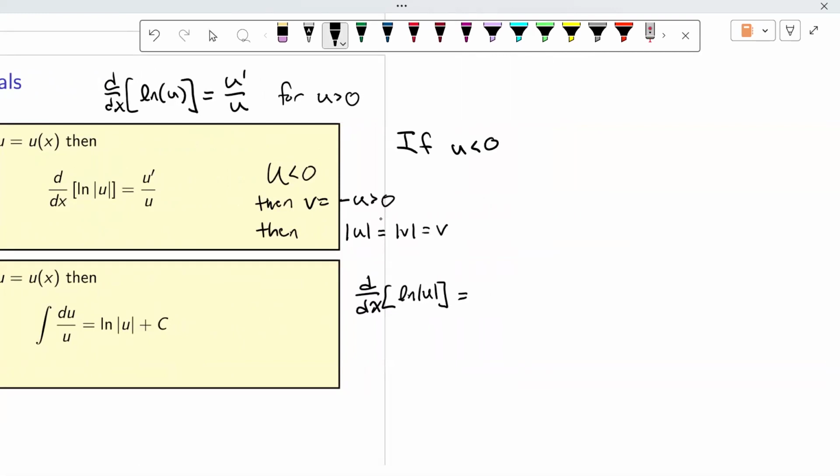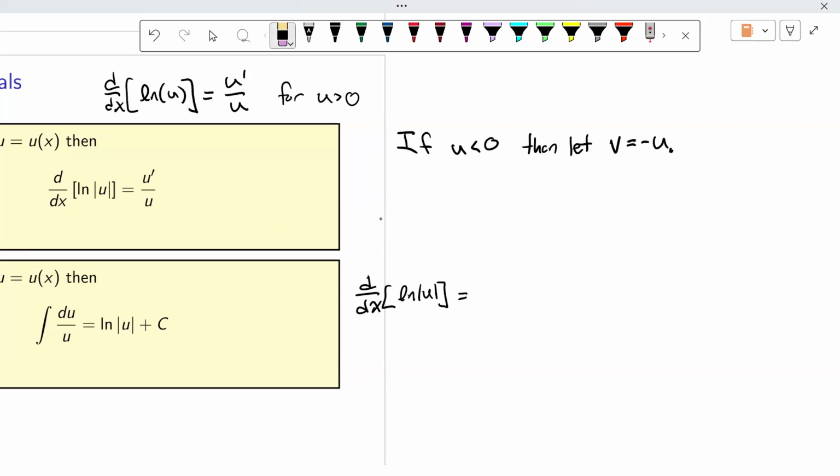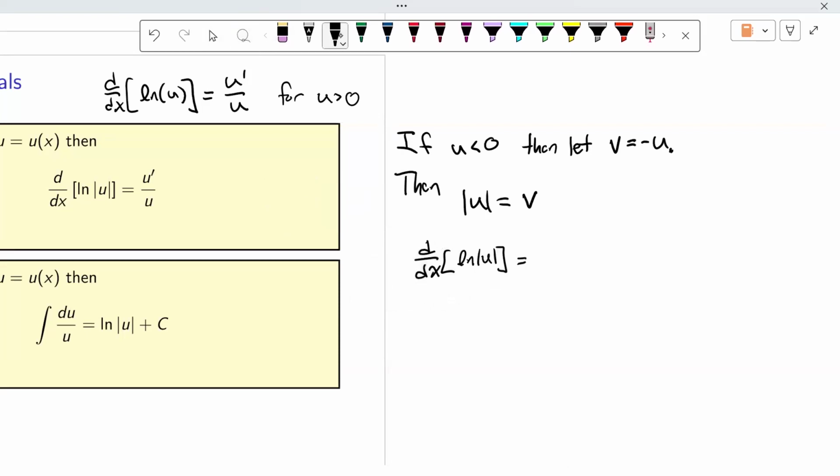If u is less than 0, so if u is taking on values that are negative, let v be the negative of that. And then it follows that the absolute value of u is the exact same thing as v. And then when I ask, what's the derivative of natural log of the absolute value of u?